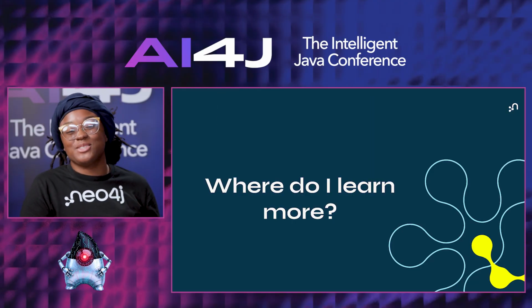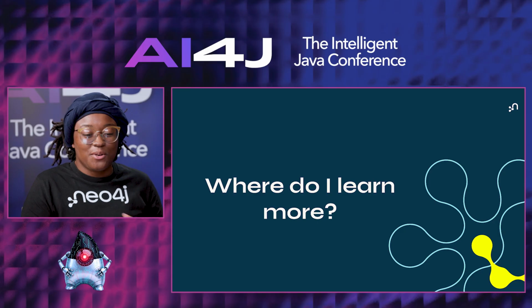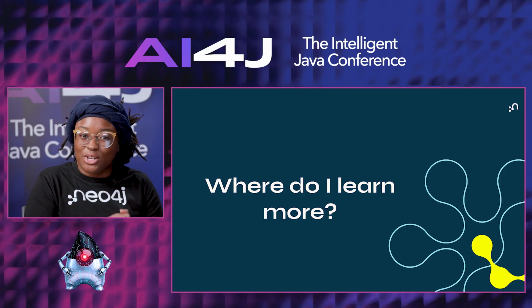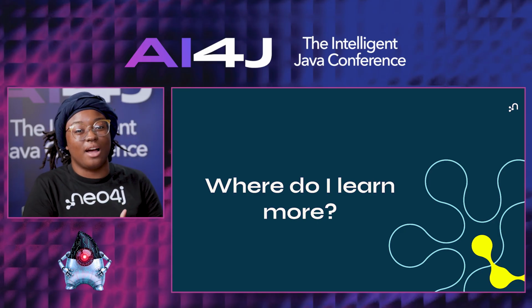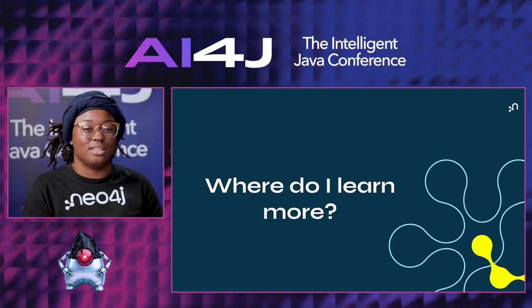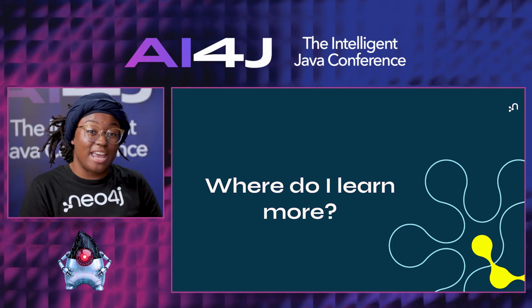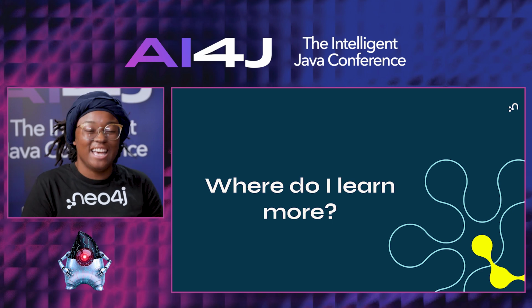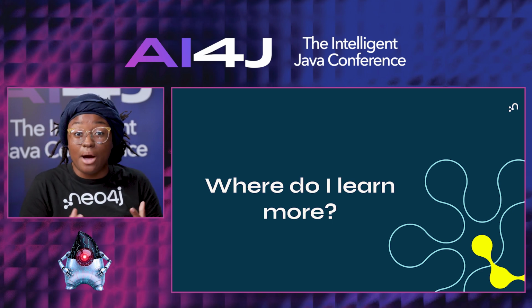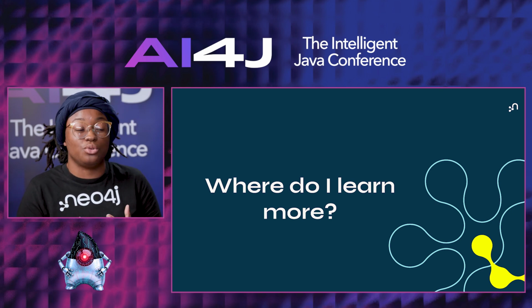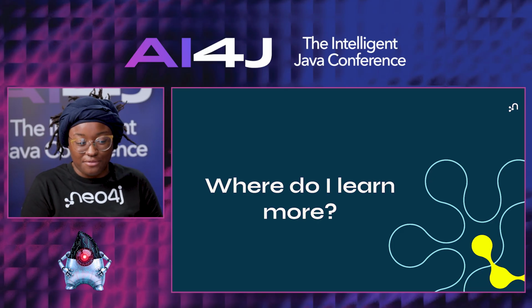Okay, so where do I learn more? There are so many different places where you can go. One of them is our Graph Academy, which is graphacademy.com, where you can learn how to build AI agents with Java specifically, and how to use knowledge graphs to make your AI agents smarter and more effective.